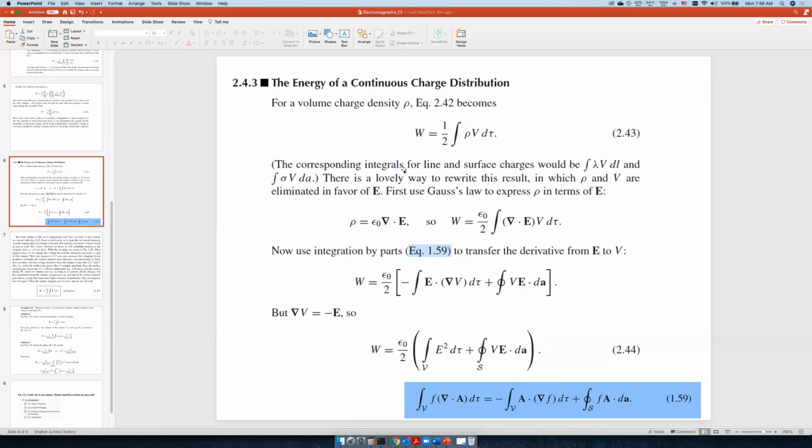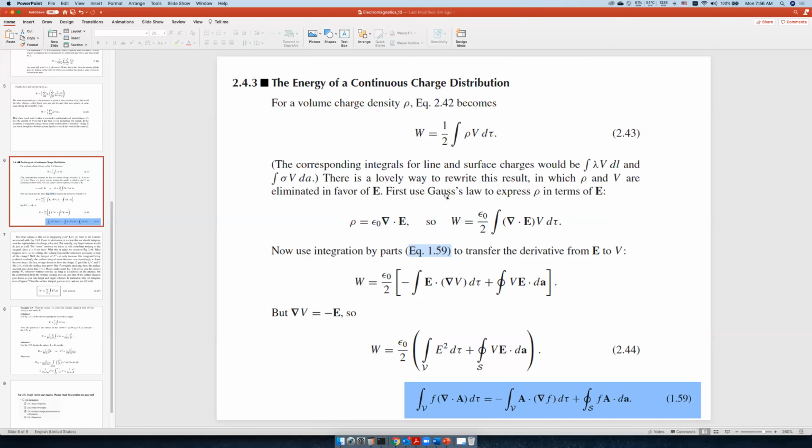And the corresponding integral for line and surface charge would be lambda V dl and sigma V dA. And there's a good way to rewrite this result, in which rho and V are eliminated in favor of E.